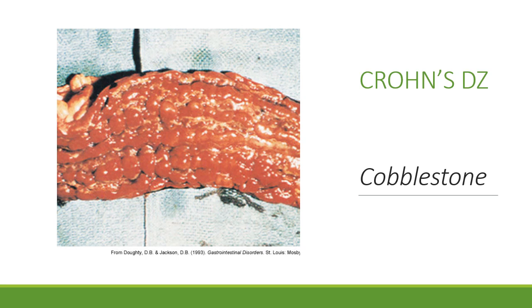So Crohn's disease gets cobblestone, and Crohn and cobblestone rhyme a little bit, but Crohn's disease gets this really cobblestone appearance. This is, again, chronic inflammation of the small intestine, the colon, or both, and it most commonly affects the terminal ileum of the small intestine, and it's transmural, which means it goes through all of the layers.